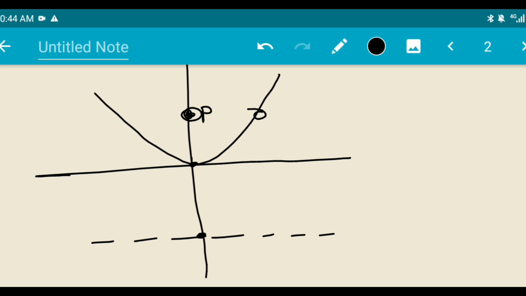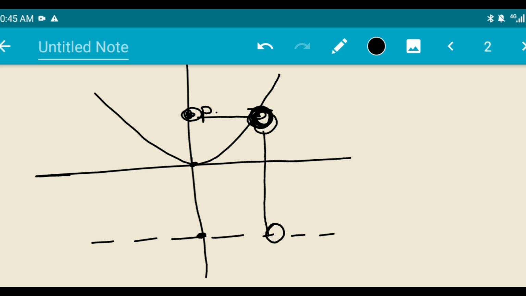Another thing you need to know is that the distance from the foci to the surface of our conic section, which is the parabola, is the same distance as from this surface to the directrix. Believe it or not.